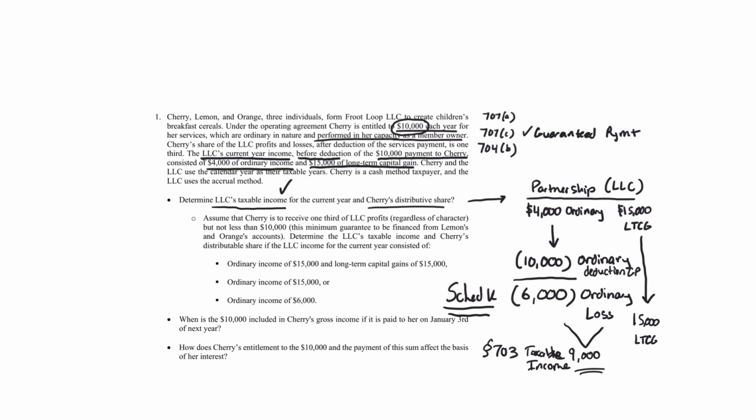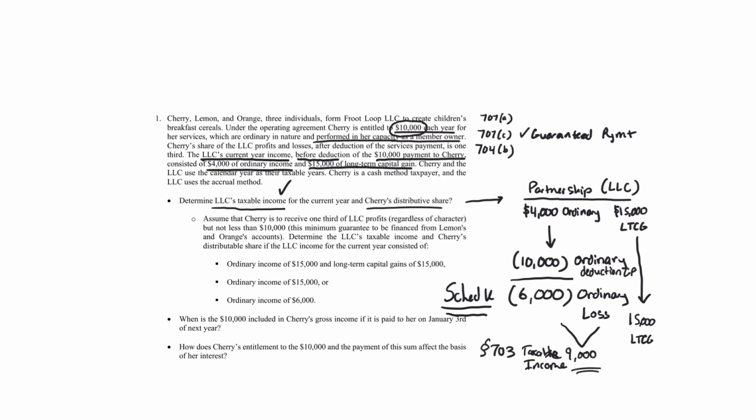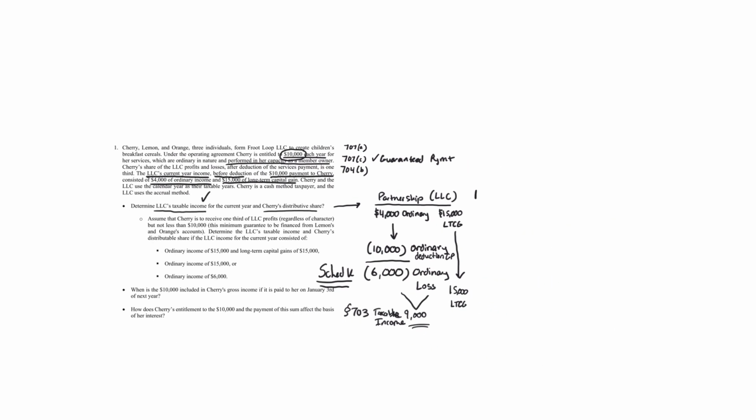So we've done that. What about Cherry's distributive share? So if we're just looking at Cherry, Cherry has $10,000 of ordinary income, and that comes through on the Schedule K1 as a guaranteed payment. It's going to actually show that.